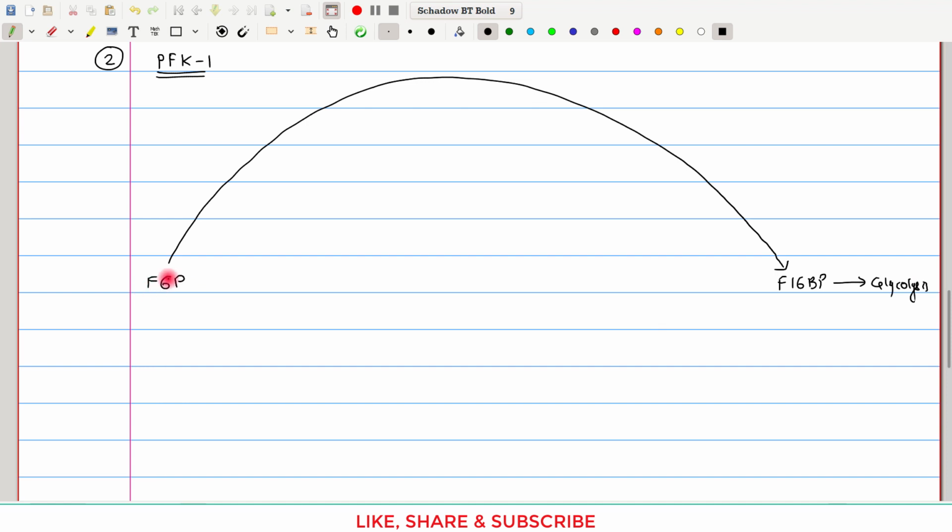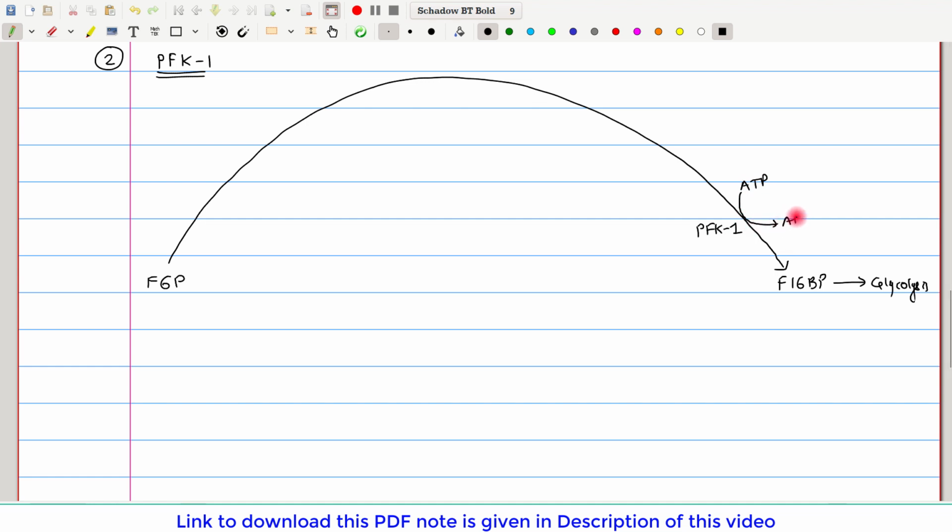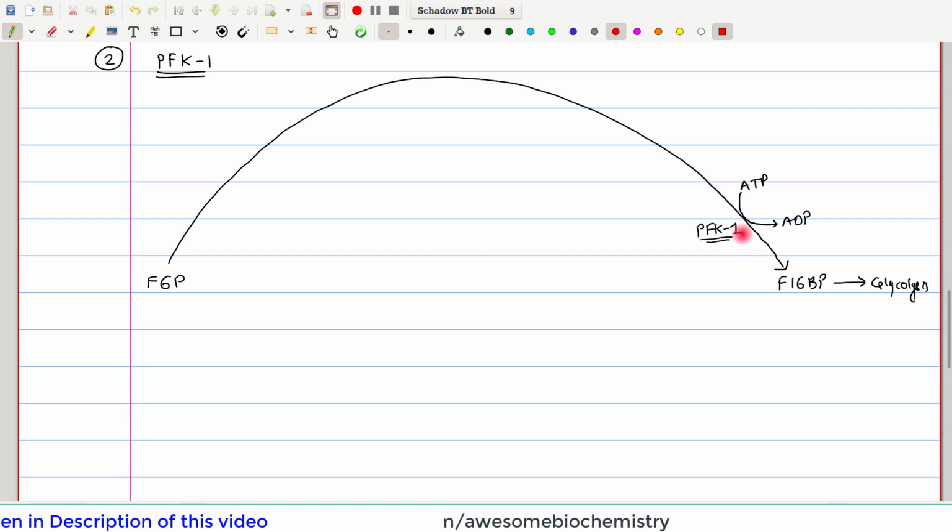This conversion of fructose 6-phosphate to fructose 1,6-bisphosphate is catalyzed by the phosphofructokinase 1 enzyme, and here ATP is converted to ADP, right? Now this phosphofructokinase 1 has several allosteric sites, and by those allosteric sites it is allosterically either stimulated or inhibited.